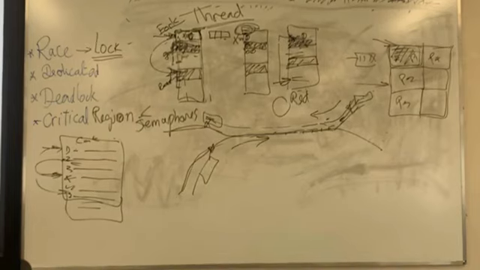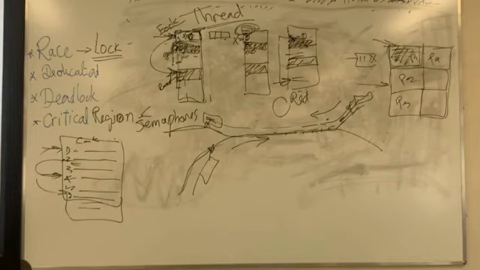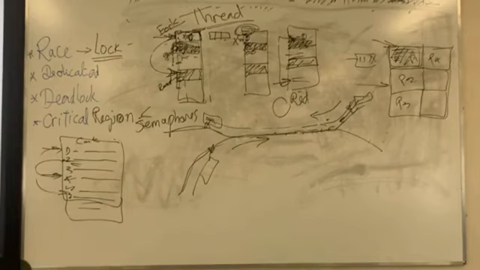Okay, that's condition number 1. Condition number 2? Mutual exclusion. Who's going to tell me what mutual exclusion is? What's a mutual exclusive device? It is a dedicated device. What's a dedicated device?